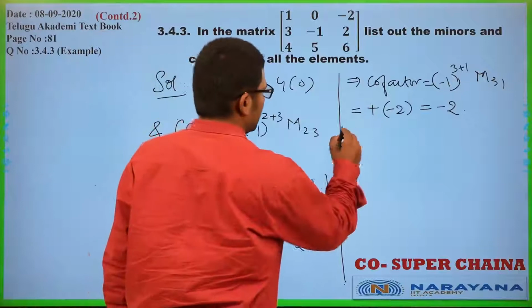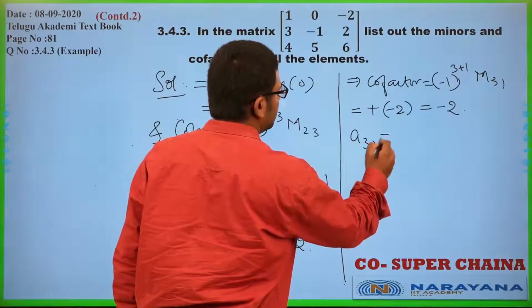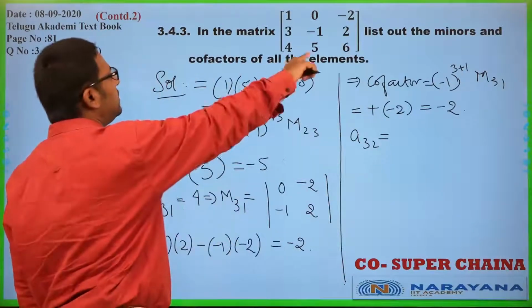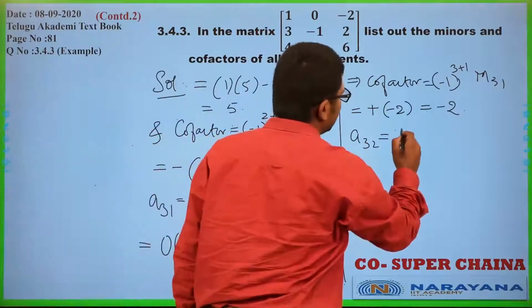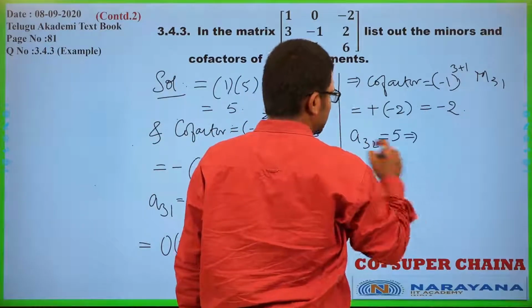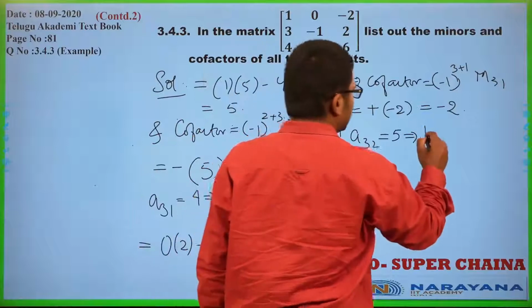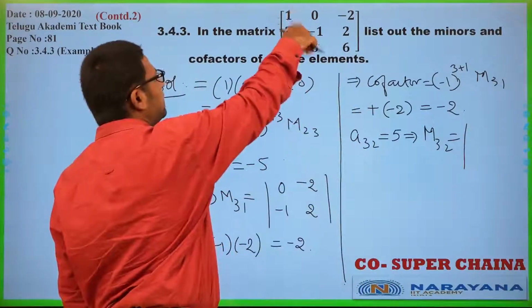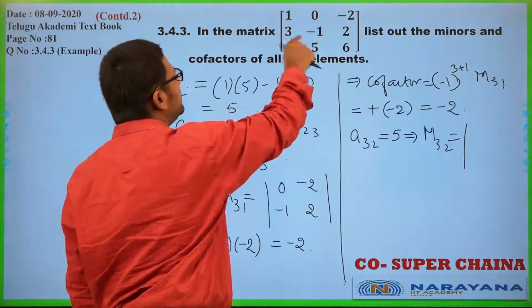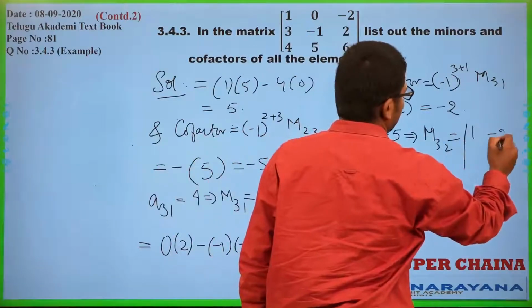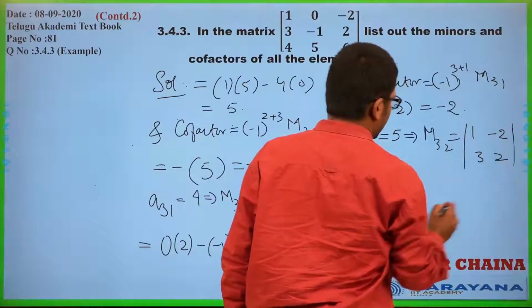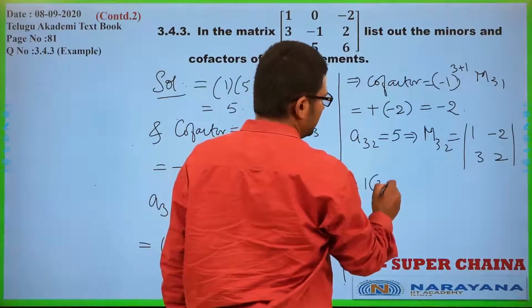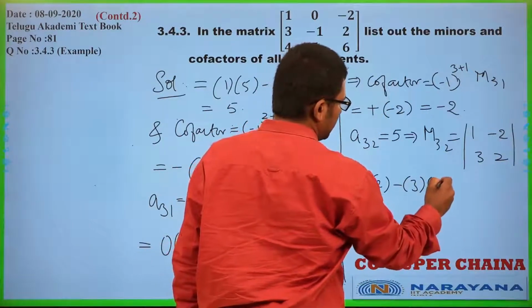Then A32, third row, second column is the element 5, which means M32 would be the determinant. Leave the third row, second column. So 1 minus 2, 3, 2, right? Which is 1 into 2 minus 3 into minus 2.